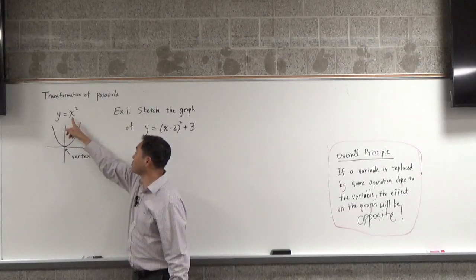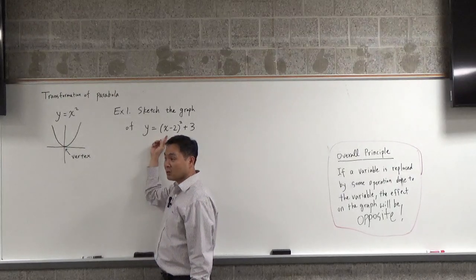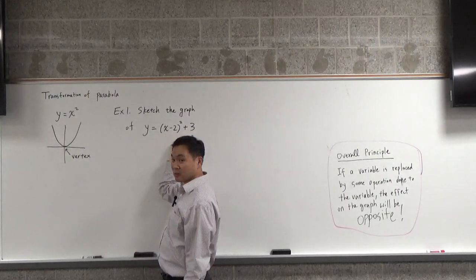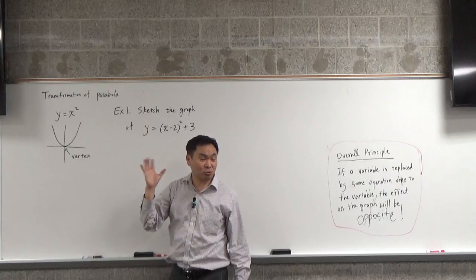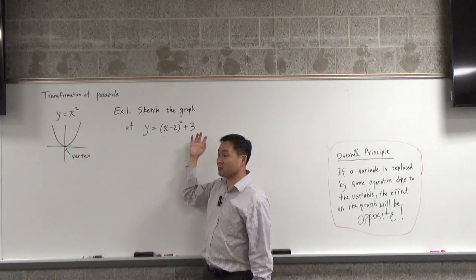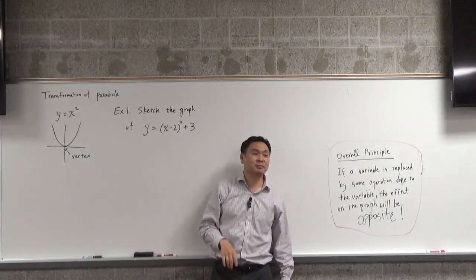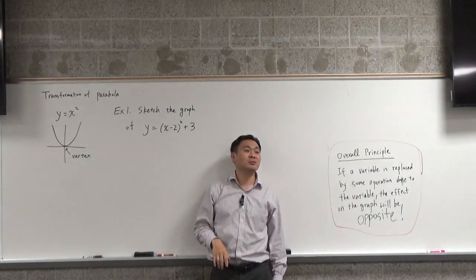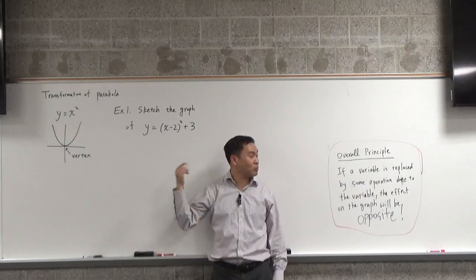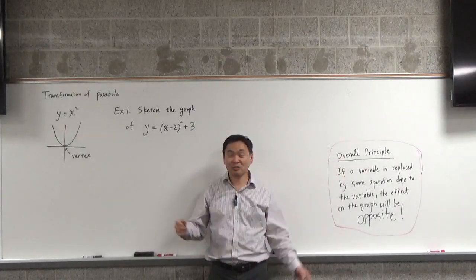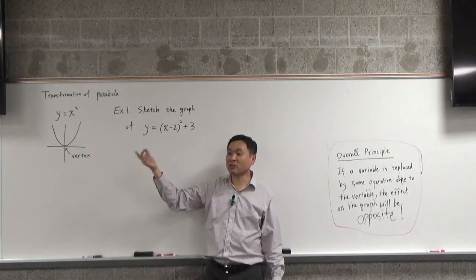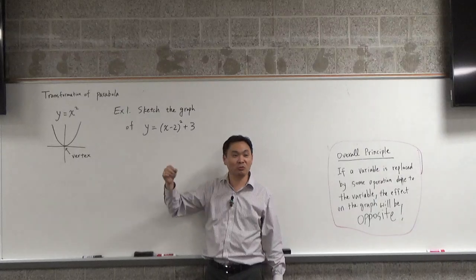We're replacing x by x minus 2 and then adding a 3. And in order to draw the graph, we have to think about what these are doing. So if you replace x by x minus 2, what happens? Yeah? It goes to the right. Right 2. That's the overall principle, the opposite, right? If you replace x by x minus 2, it moves 2 to the right.